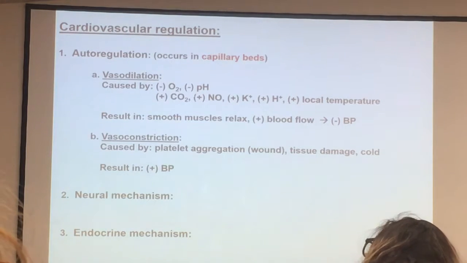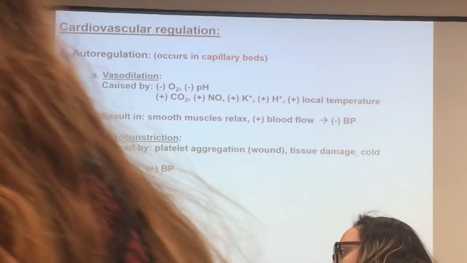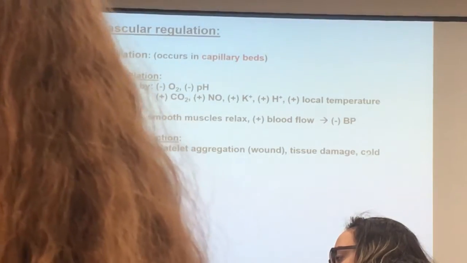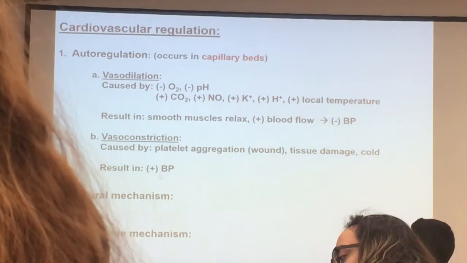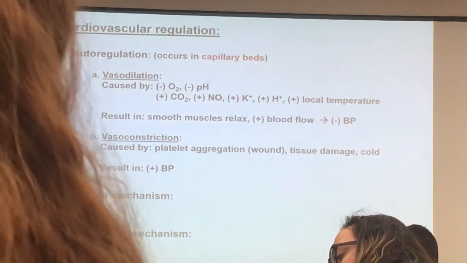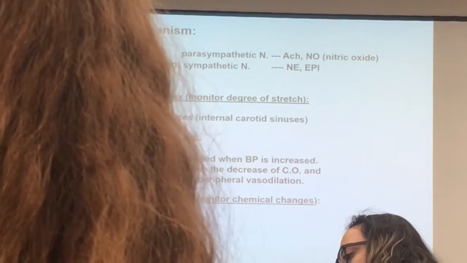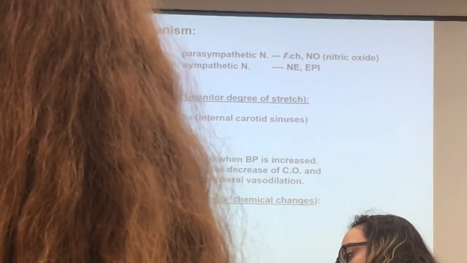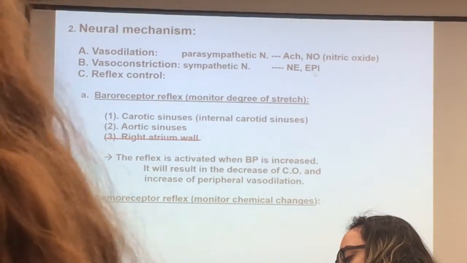That is, if we had a wound, a cut, we want to slow down the blood loss, or tissue damage, or cold weather, and cause the precapillary sphincter to contract, but the side effect is increased blood pressure. This only happens locally, okay. Neural part, the same thing, okay. Acetylcholine or nitric oxide will cause vasodilation. Constriction is always by epinephrine or norepinephrine.